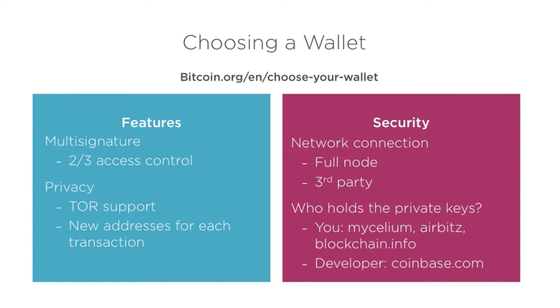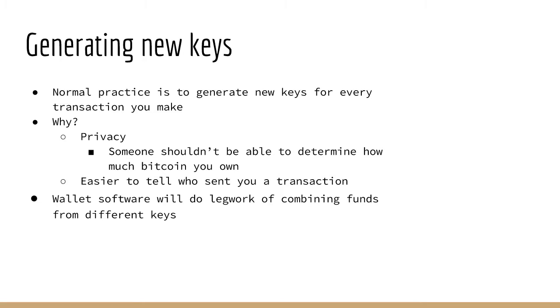Another important feature that a lot of people use is generating a new private key for every transaction you make. Up till now we've been assuming that your private key is your identity, but one of the reasons a lot of people use Bitcoin is because they want to be really anonymous.